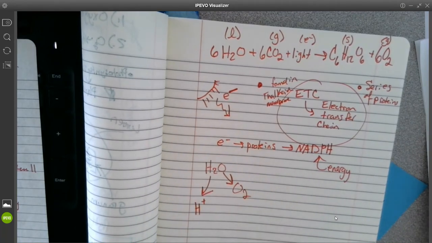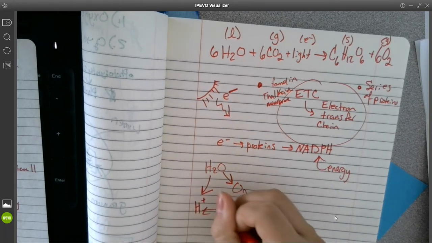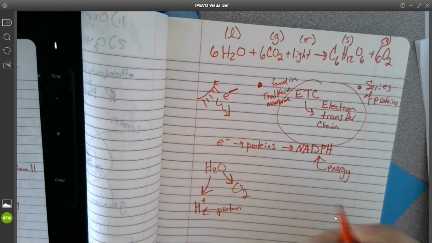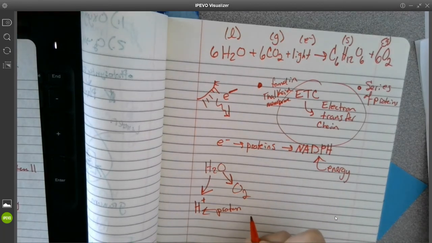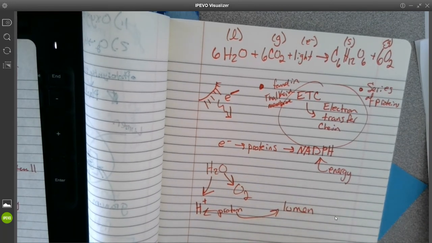The hydrogen is left there, and it behaves as a positive charge, which can be viewed as a proton. The protons get pumped inside of some more proteins, and it gets distributed out into the lumen.